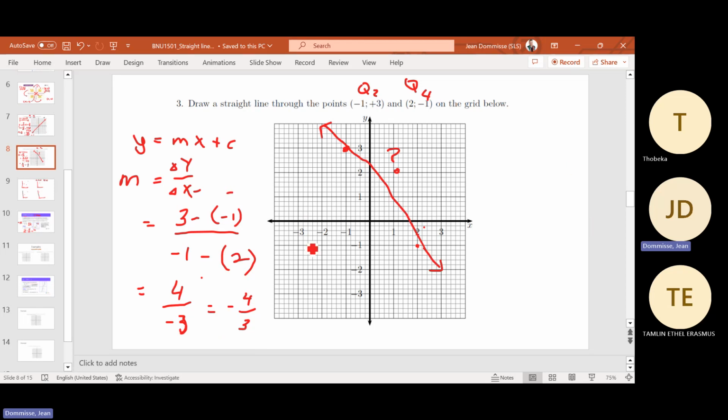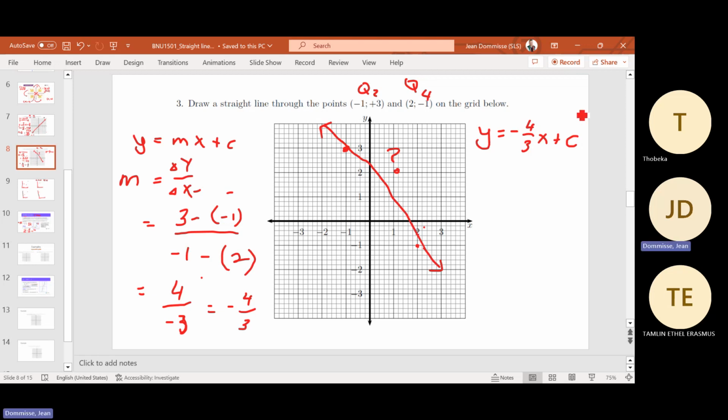So that is how our formula looks at the moment.